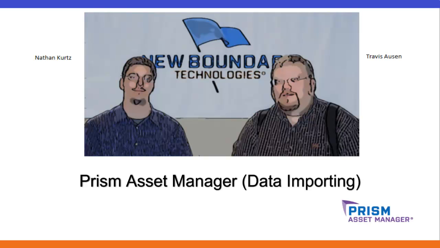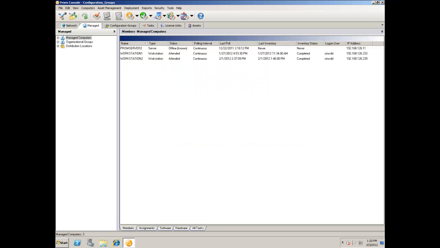Today, we're going to talk about Prism Suite's asset management component, specifically importing data one would want in Asset Manager. Nathan? Lots of organizations have a multitude of diverse information about their environment that they would like to have tracked within Asset Manager.